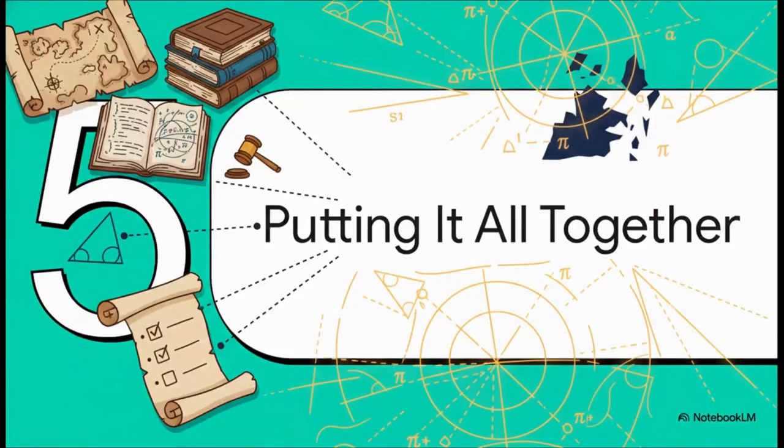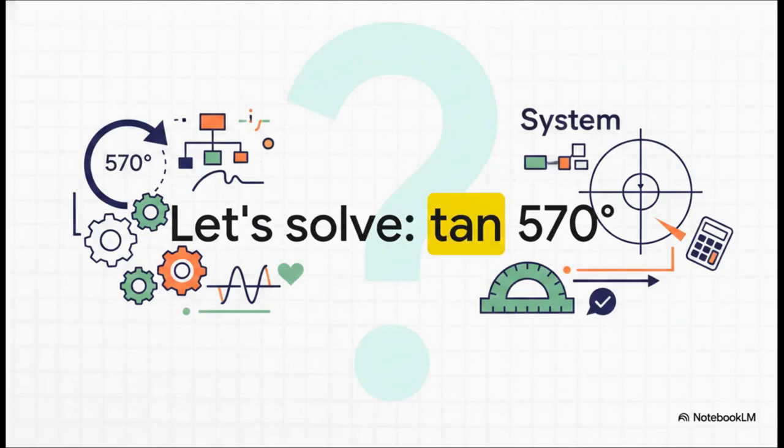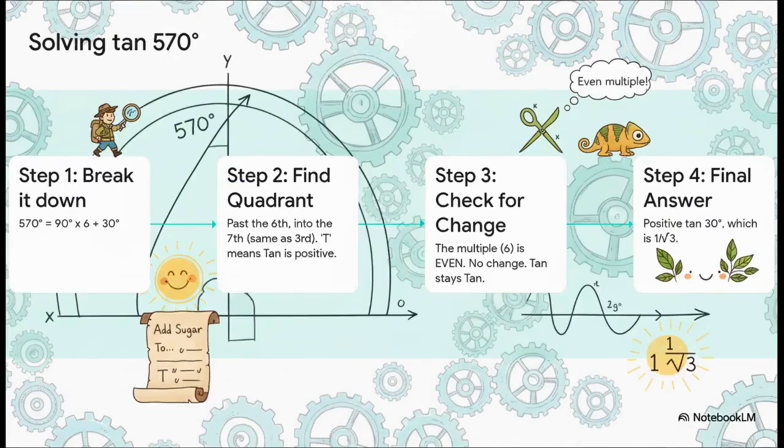Okay, recap. We have our map, we have our code, and we have our rules. It's time to go back to that impossible problem and crack it wide open using our 3-step system. So, what is the value of tan 570 degrees? Let's apply the system. I think you'll be surprised how straightforward this is now. Okay, let's just follow the steps.